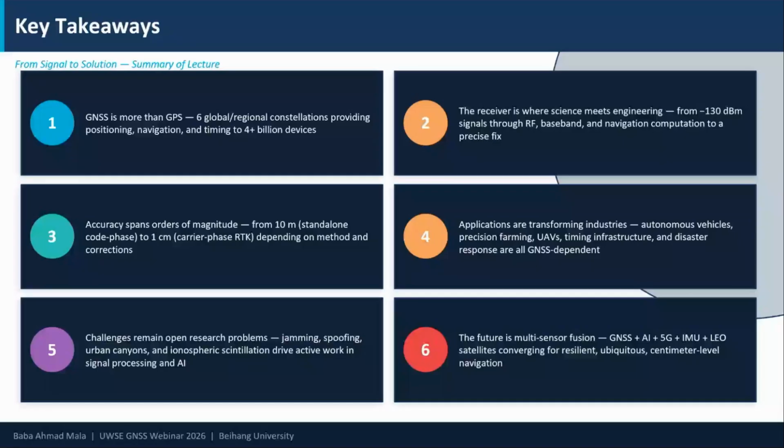Where we are heading is fusion. Within all those challenges, if we take GNSS on its own and combine AI, 5G, IMU, and LEO to make it a multi-sensor fusion, then this would lead us towards resilient, ubiquitous, and centimeter-accurate navigation for everyone and everywhere.